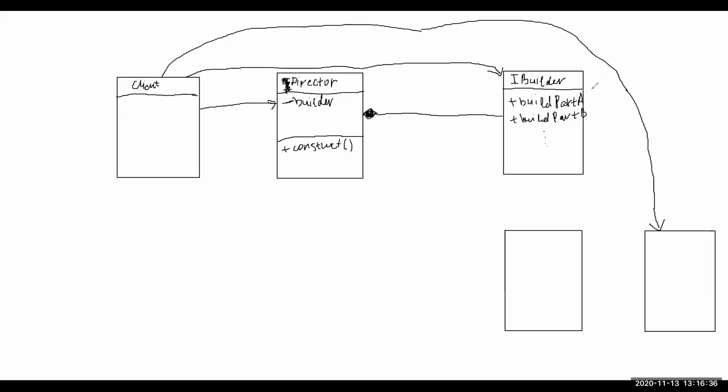You agree with me? Yes. And at the end, I have a method called get result. So it builds the parts, and then get result assembles the parts and returns you the product, right?